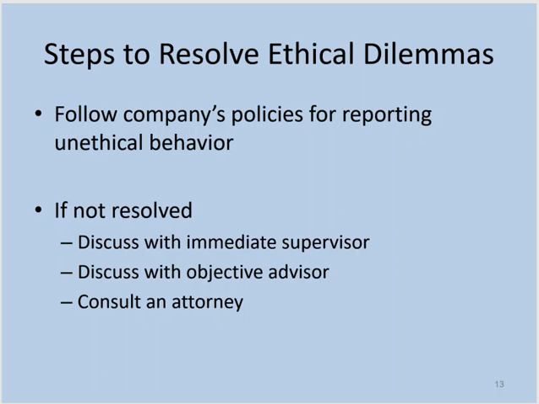If their immediate supervisor is the CEO, they should notify the audit committee. They could discuss the situation with an objective advisor like the IMA ethics counselor. The IMA offers a confidential ethics hotline to its members, so they could use that, or also consult with an attorney regarding their legal obligations and rights.